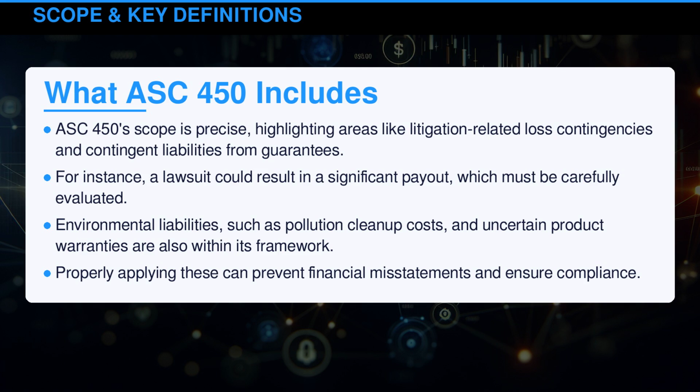For instance, a lawsuit could result in a significant payout, which must be carefully evaluated. Environmental liabilities, such as pollution cleanup costs, and uncertain product warranties are also within its framework. Properly applying these can prevent financial misstatements and ensure compliance.